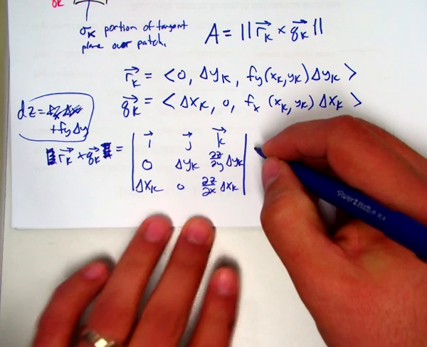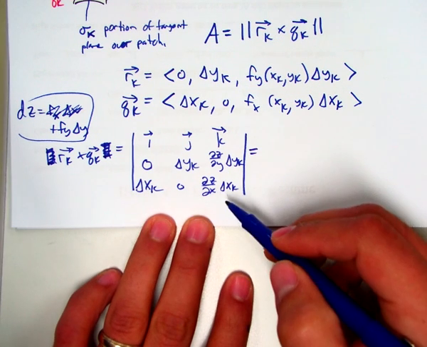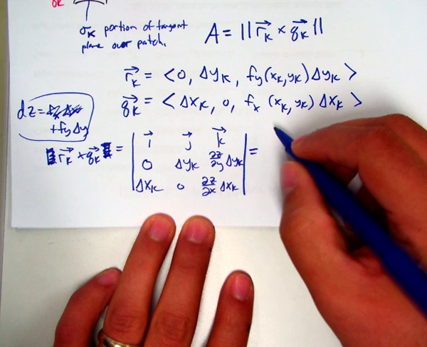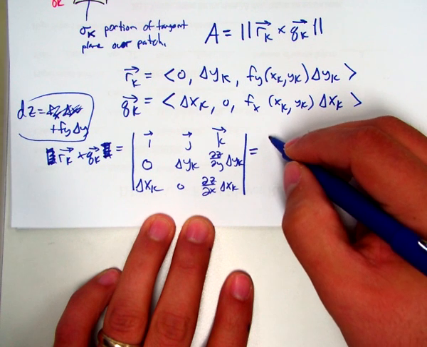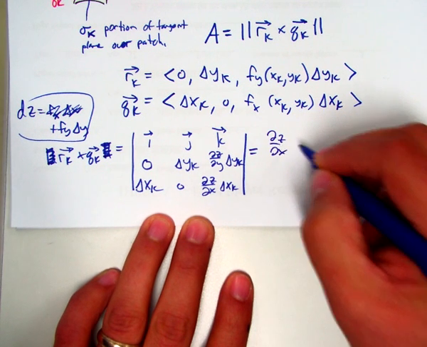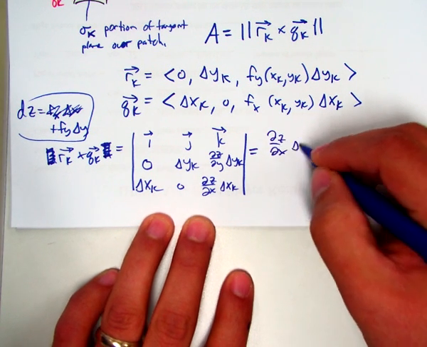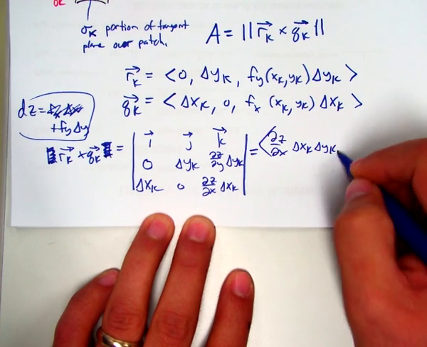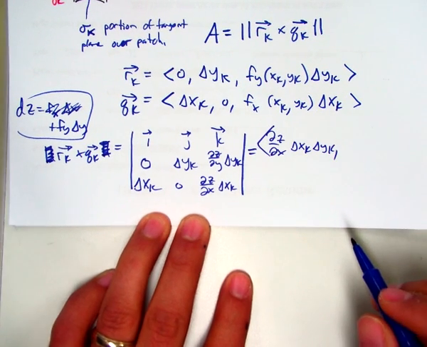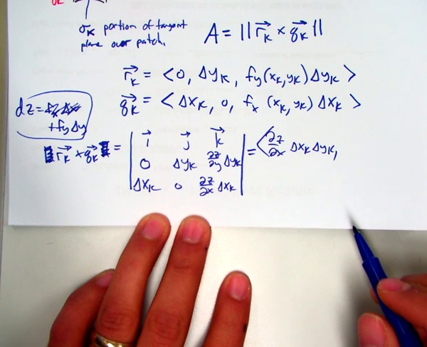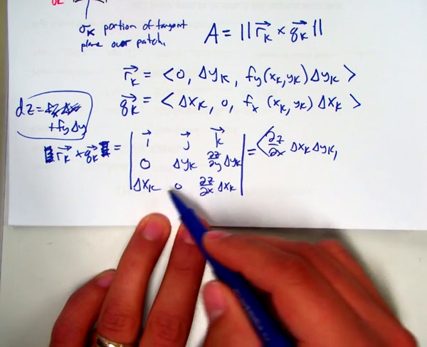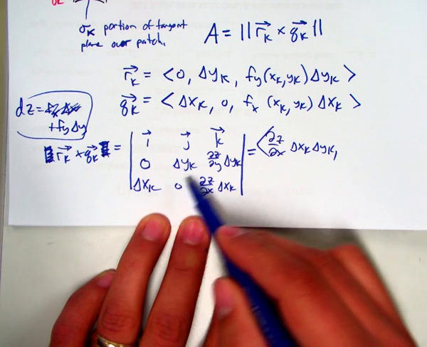This cross product is going to be partial z partial x, delta x sub k, delta y sub k. That's it for the first component. You see how I'm getting that, right? The second component, this term cancels out, and then we subtract this term, but do the opposite.